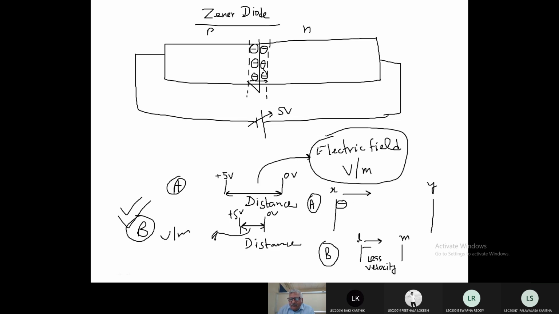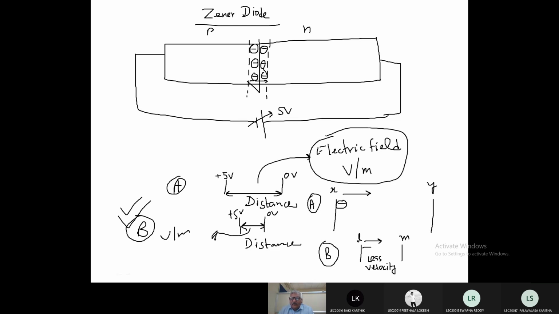In Zener breakdown, due to high electric field, covalent bond breaks. And due to that, there is sudden rise in temperature. Okay. Whereas in avalanche breakdown, what is happening? Due to the high kinetic energy, when an electron strikes some atom, it will break the lattice of the atom and electrons will come out.